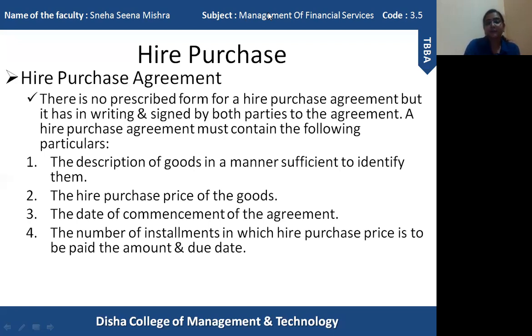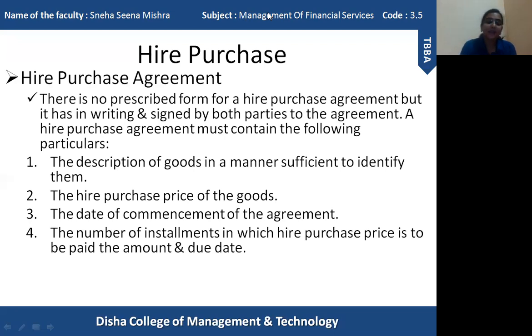From this date the agreement comes into execution, and after that the buyer keeps paying the installments within the specified time period at a particular interval.